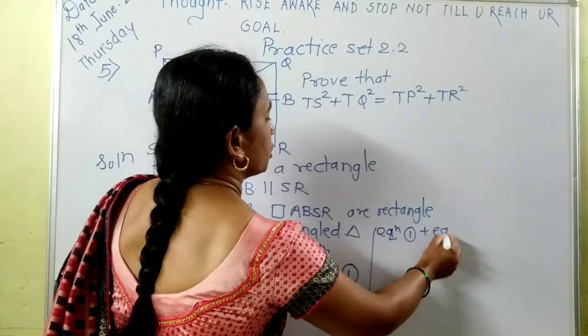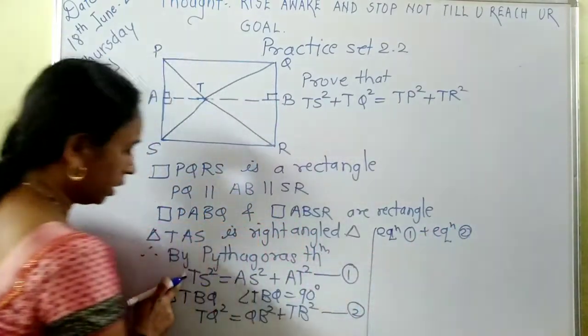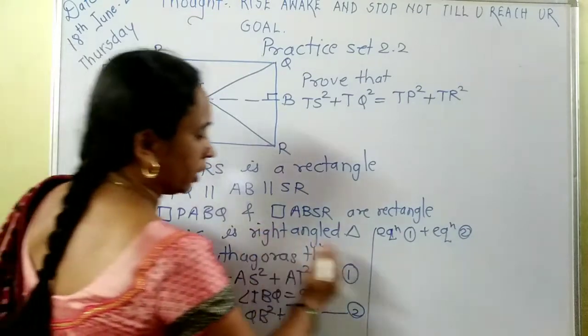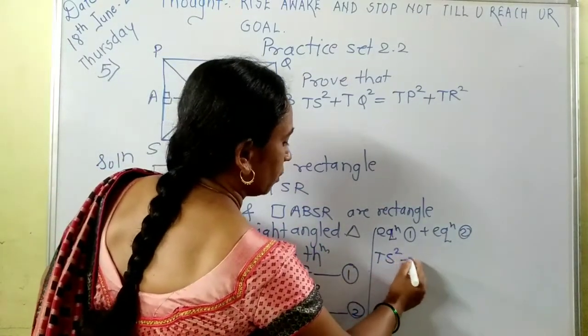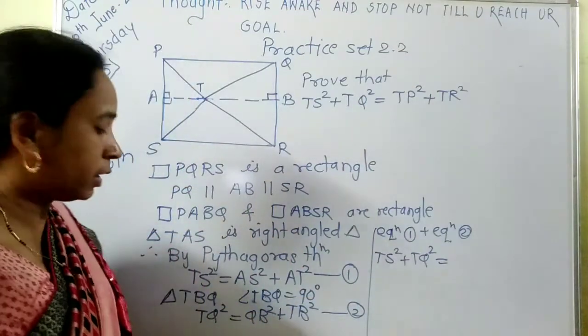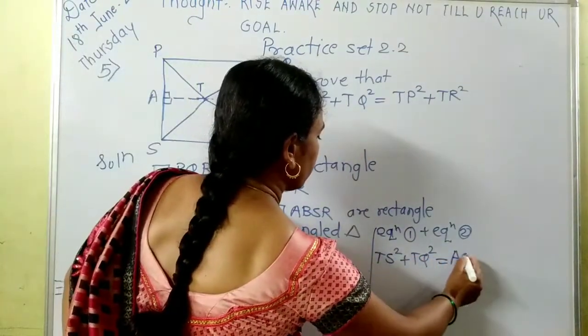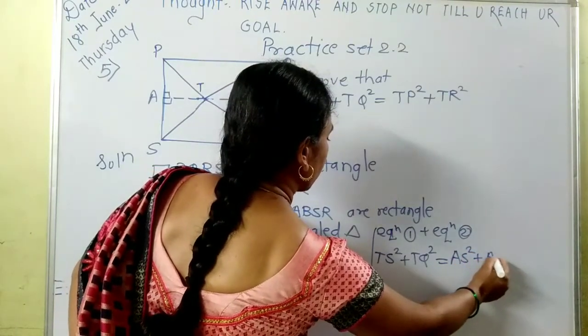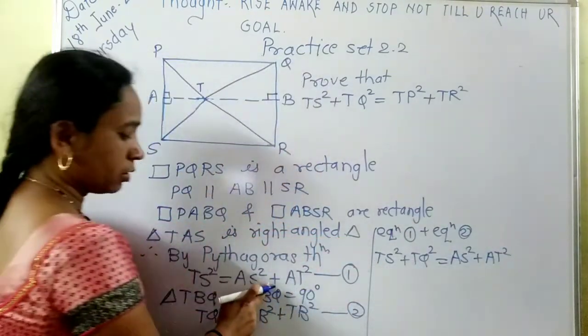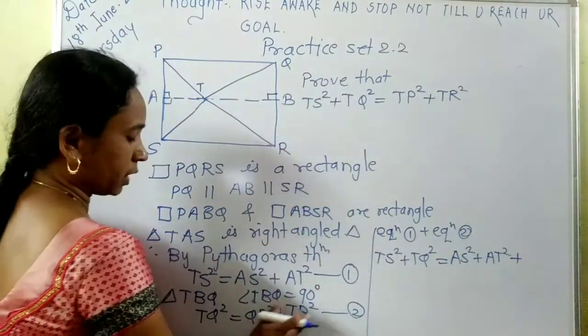So equation 1 plus equation 2. If you add it, you will get TS square plus TQ square on LHS. On RHS, their addition: AS square plus AT square from equation 1, and in the same way from equation 2, what is the RHS?